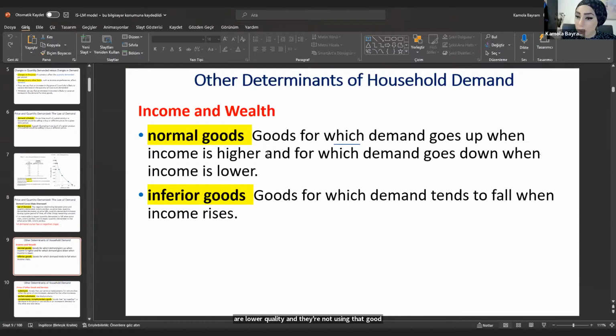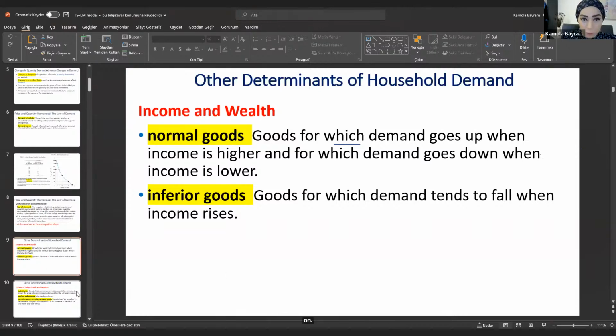But when your income rises, you are not going to consume more of these goods. Vice versa, you may even cut the consumption of those goods because now you have better income and you can afford normal goods. So for inferior goods, once your income rises, the demand for them will decrease, even though the price may change and they become cheaper.